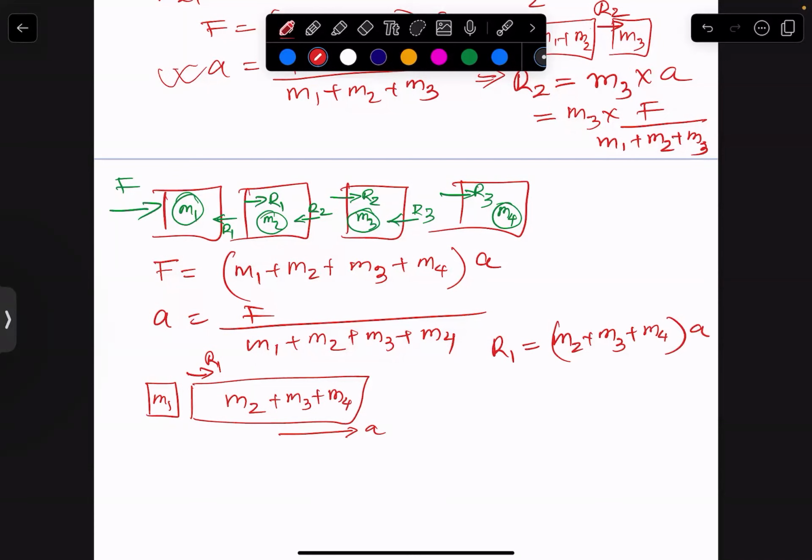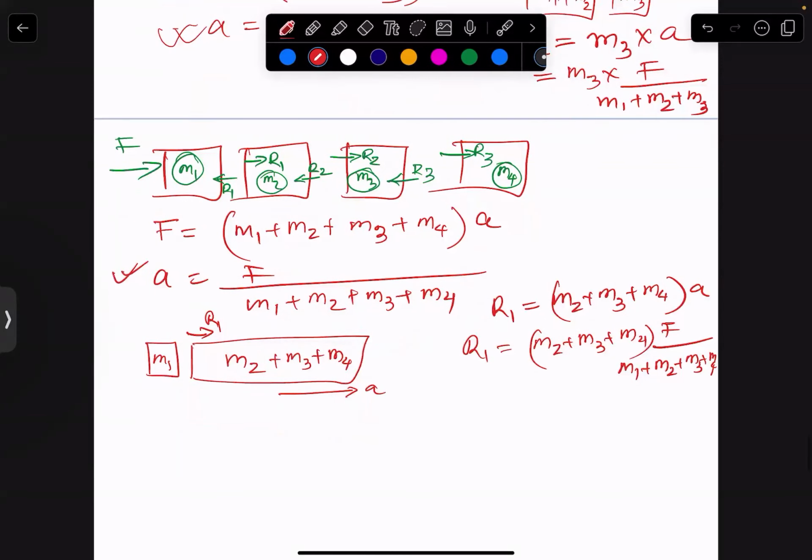It is already given here. So substitute that A over here: M2 plus M3 plus M4 times A is F by M1 plus M2 plus M3 plus M4.